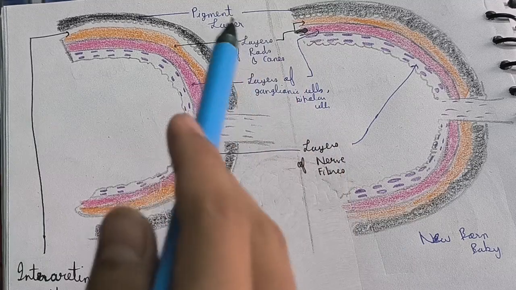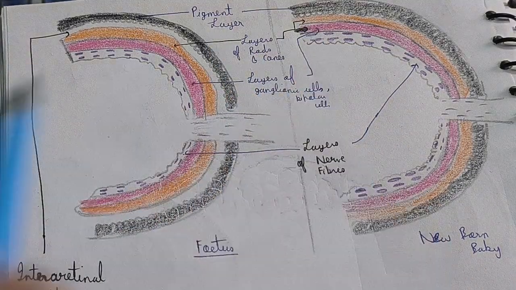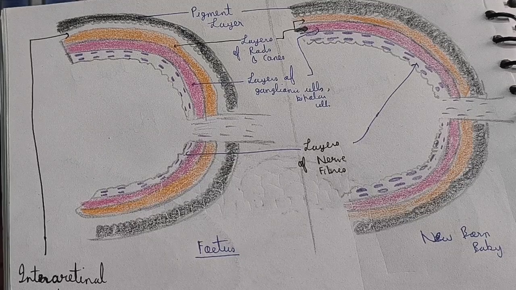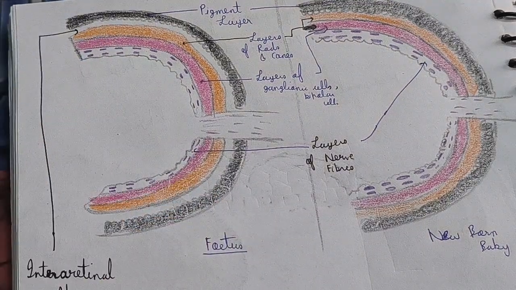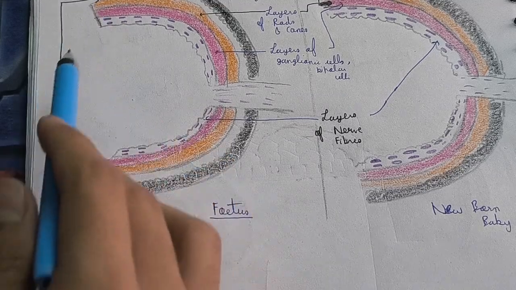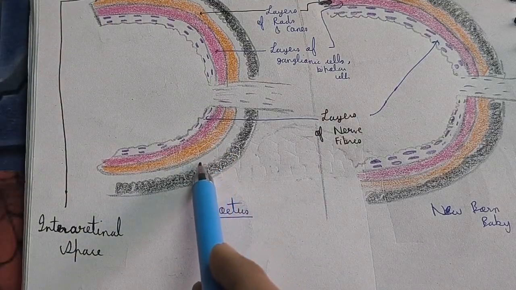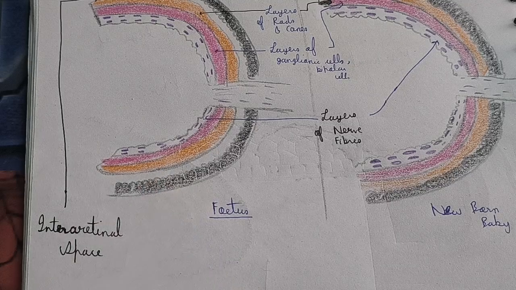These are also present in the newborn baby. But additionally, in the fetus, an additional space is present between this nervous layer and this pigmented layer, as you can notice.